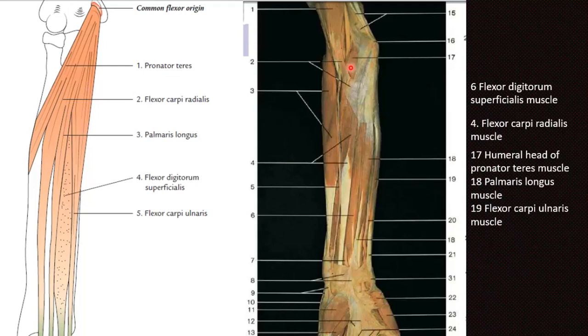You can see it is forming the medial border of cubital fossa. Then you can see this muscle here is a very long tendon. That is your flexor carpi radialis. Then this muscle here is the flexor digitorum superficialis. Then this muscle is the palmaris longus. It's absent in some people. And this is your flexor carpi ulnaris muscle.